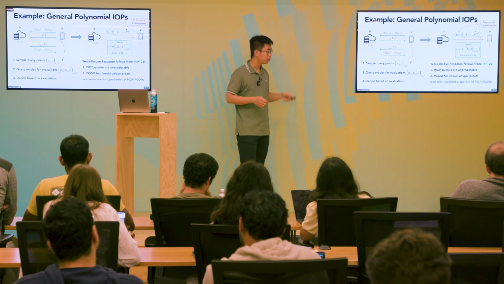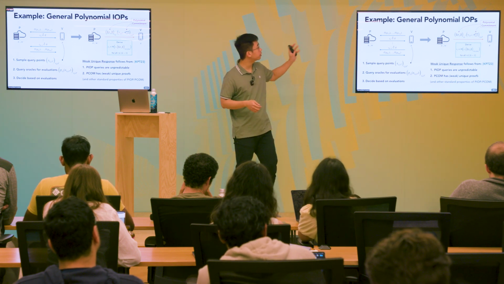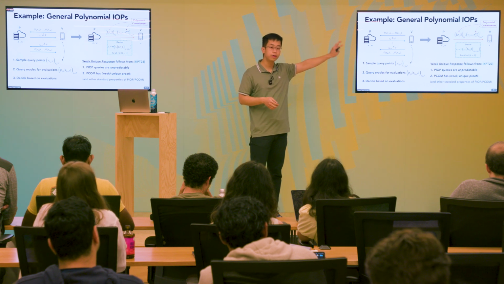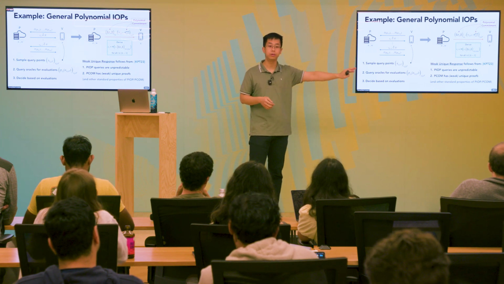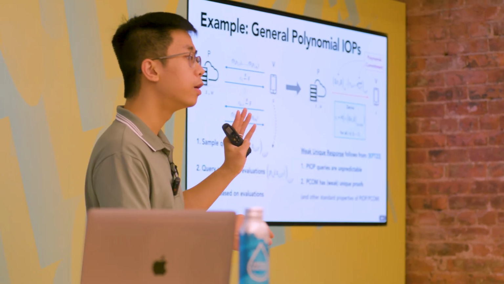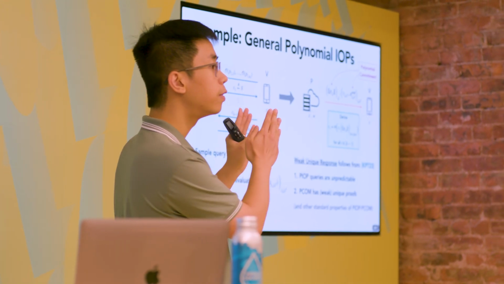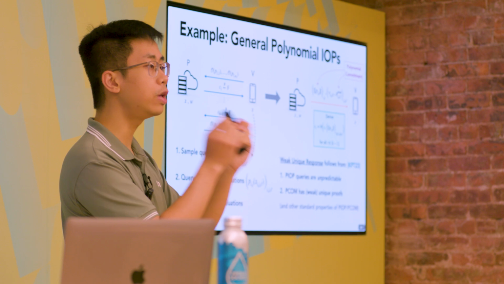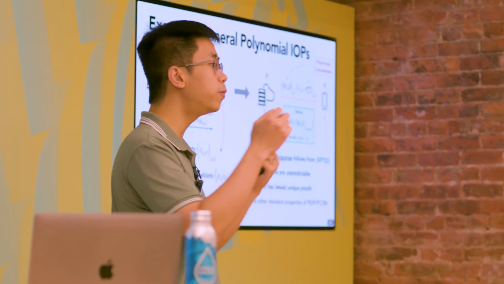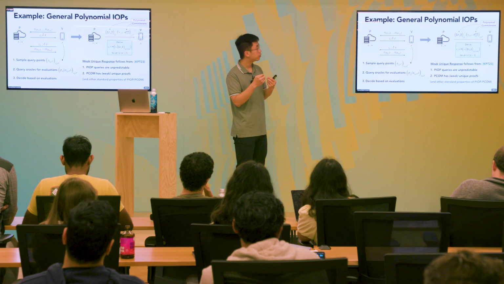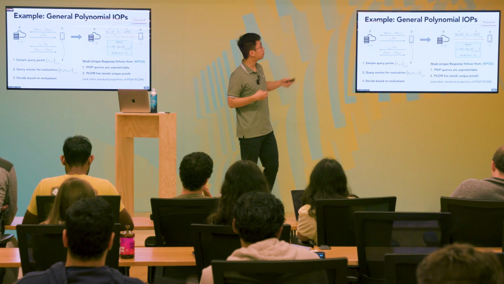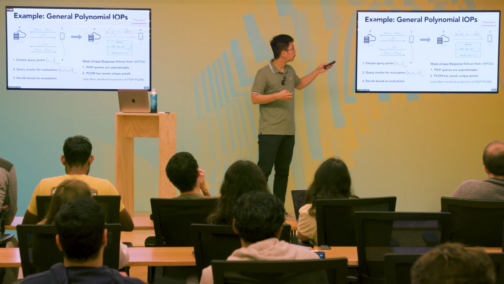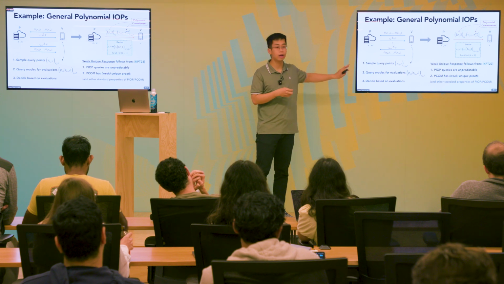Right. And the proof idea here is basically you look at this proof, which consists of the commitments, the evaluations, and the evaluation proof. And you consider when the two proofs first diverge, right? If we're doing the weak unique response, you need to have two proofs that diverge at some point. So if it diverges at one of these evaluation proofs, then it means that the protocol does not have unique proofs.